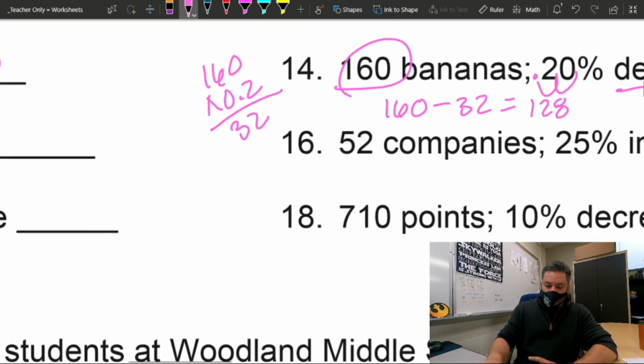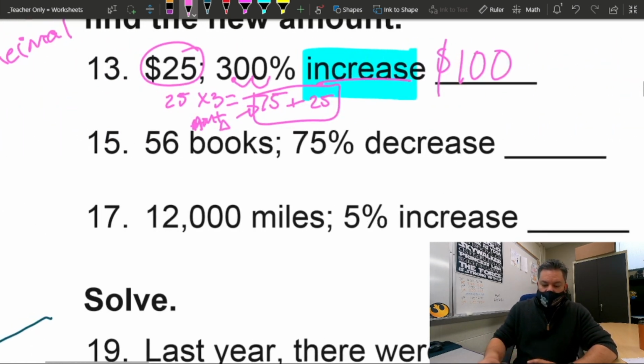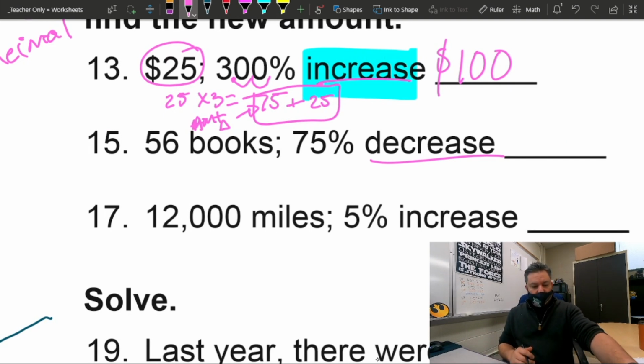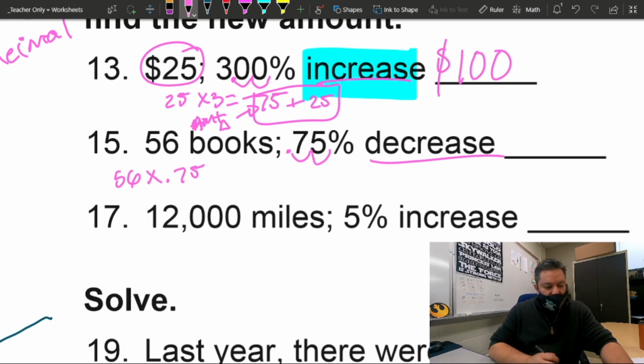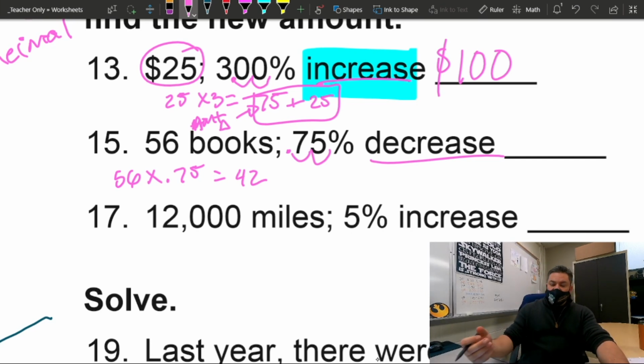4 more. Decrease. Are we going to add or subtract? Subtract. So from here, 1, 2 is 0.75. 56 times 0.75 gives us 42. Now, that's my amount change. That's how much it's going to decrease by.